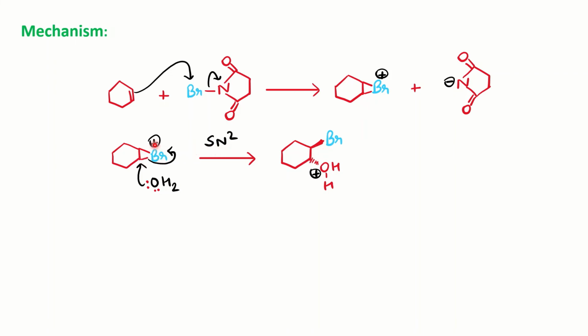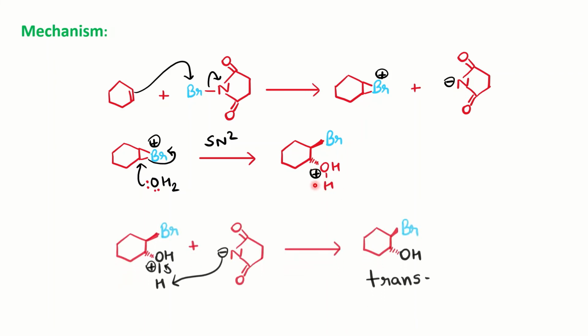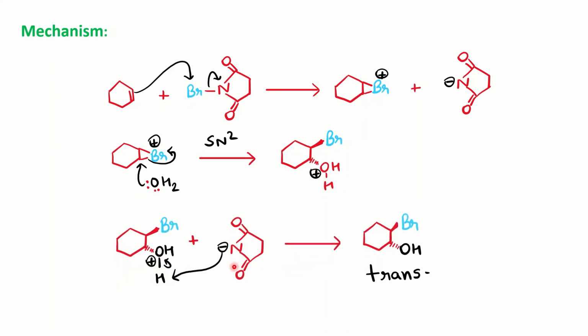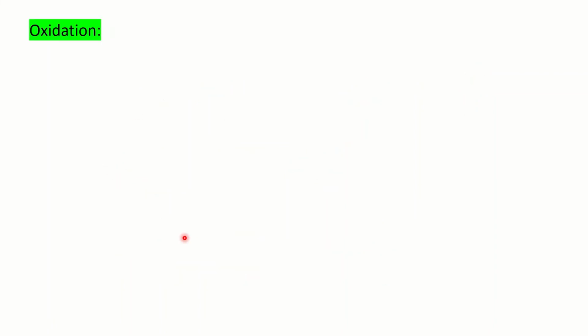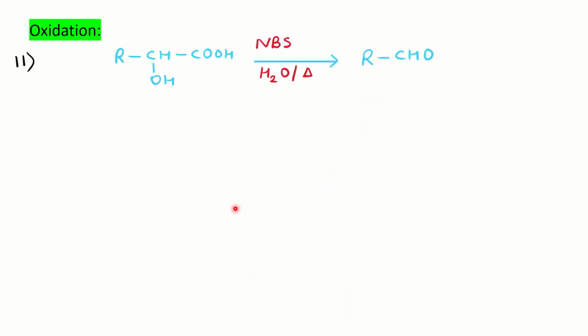OH is attacking from below the plane, and the proton will be abstracted by the imide, the anion which is generated in the very first step, and you get the trans product here.